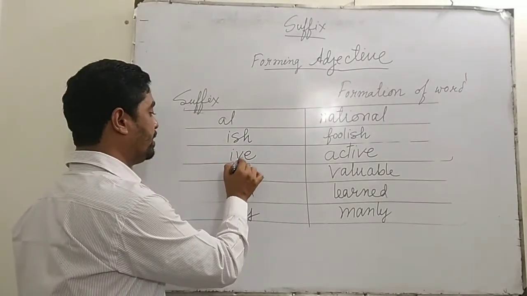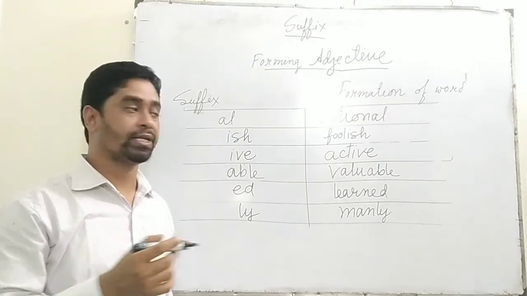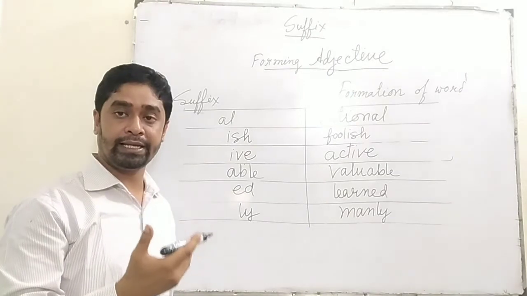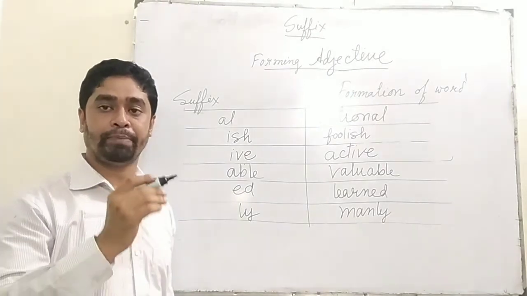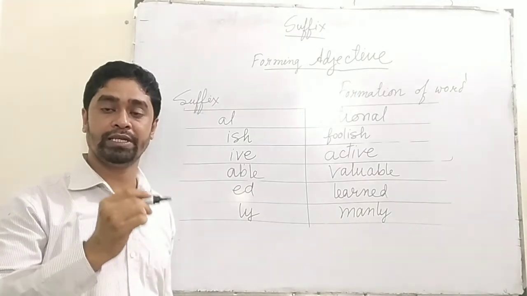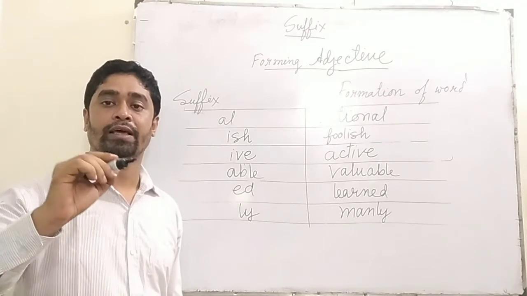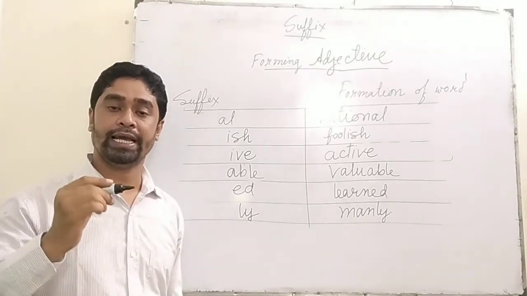Next, IVE. It also changes parts of speech, like active. In this active, the root word is act. By adding IVE suffix, it changes its part of speech and it makes an adjective.